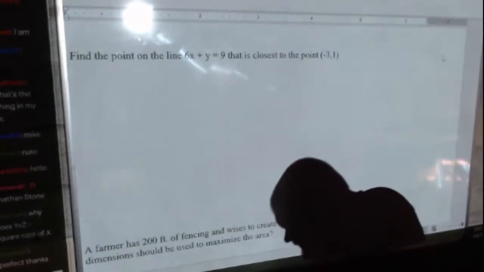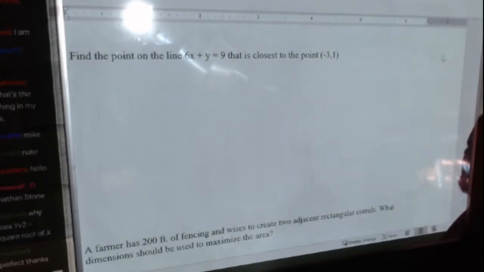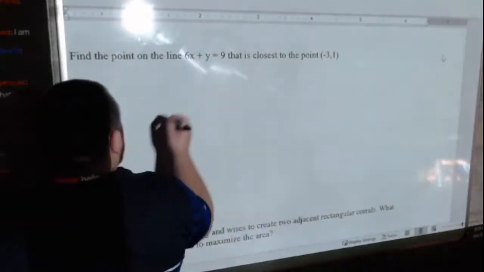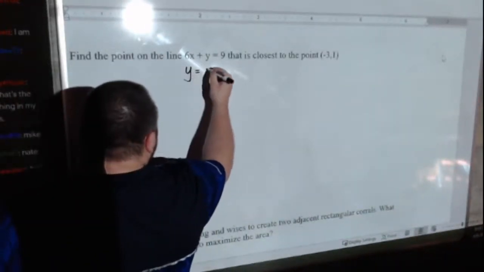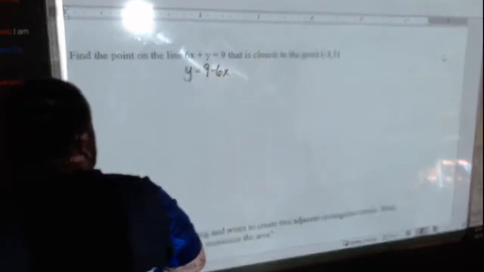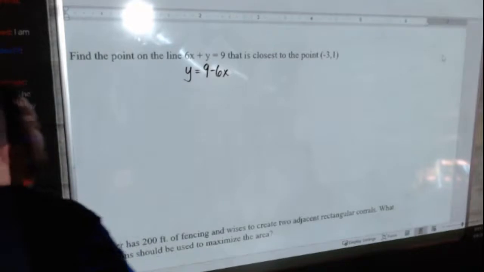Alright, so this says, find the point on this line that is closest to this point. First off, let's solve that for y. Y equals 9 minus 6x, or if you prefer, minus 6x plus 9.